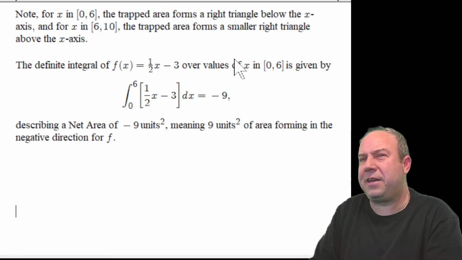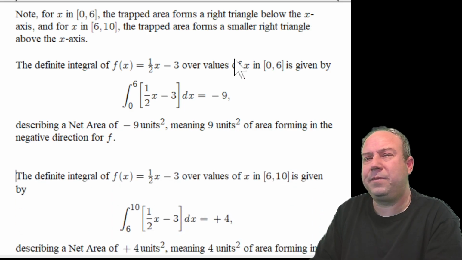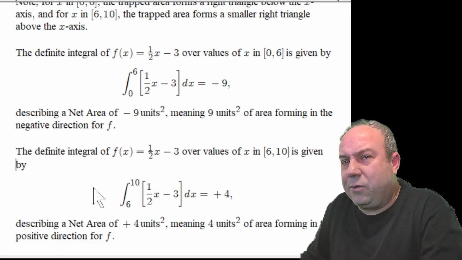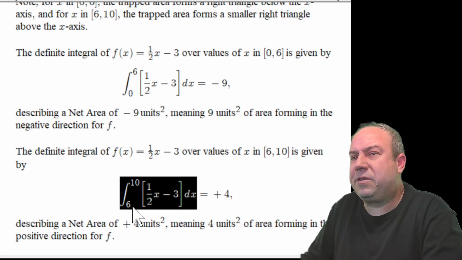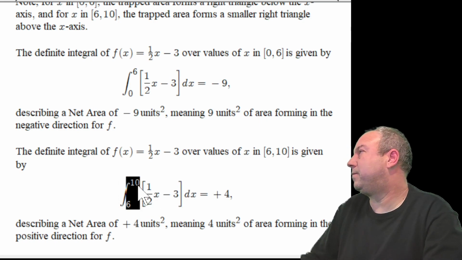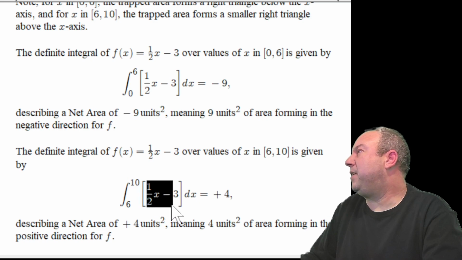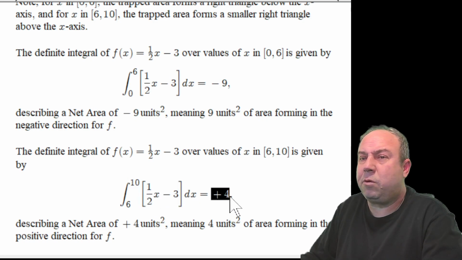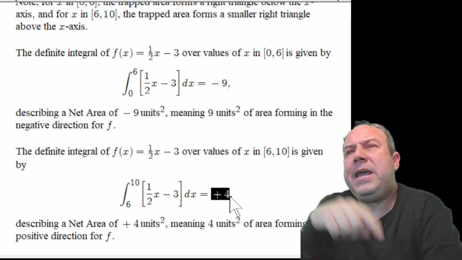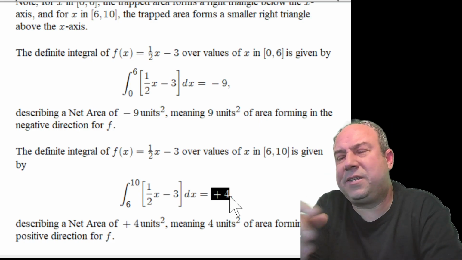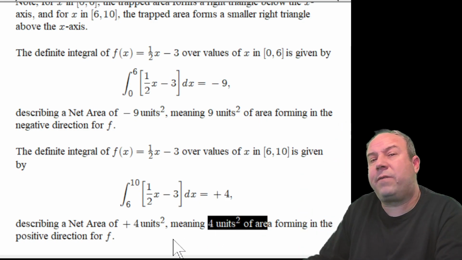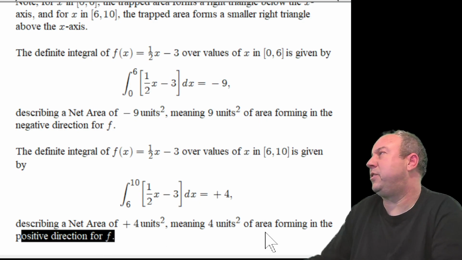Let's double check that number. And yes, that value is given by the definite integral from 6 to 10 applied to the integrand of 1/2 x minus 3, and as we have noted here, it does equal positive 4. I'm highlighting the positive 4 because it is positive, meaning that the 4 units squared of area are forming in the positive direction. All right?